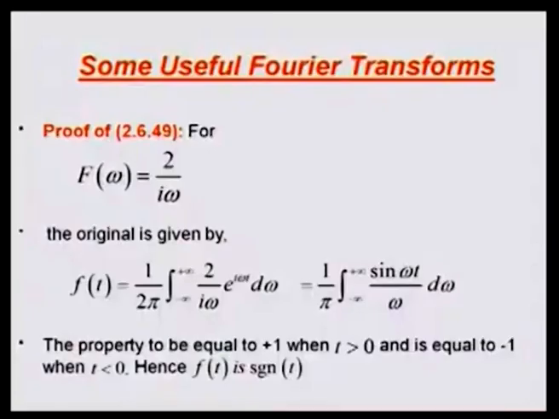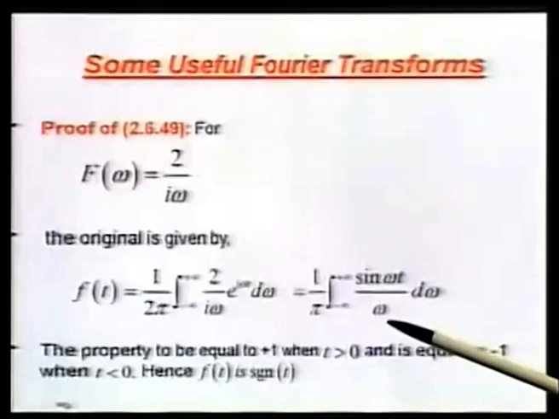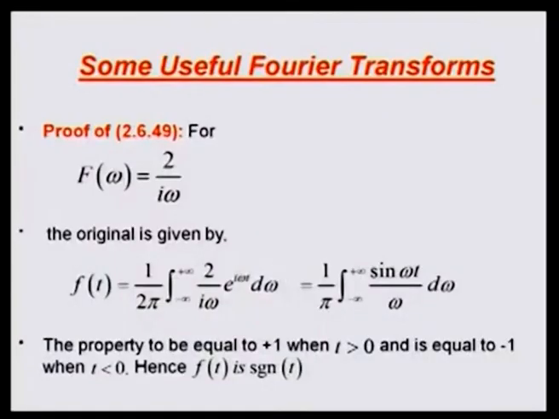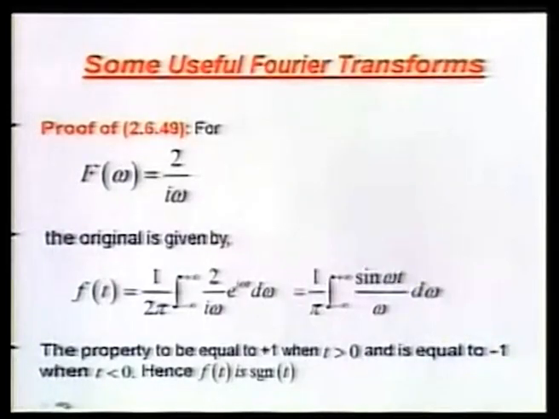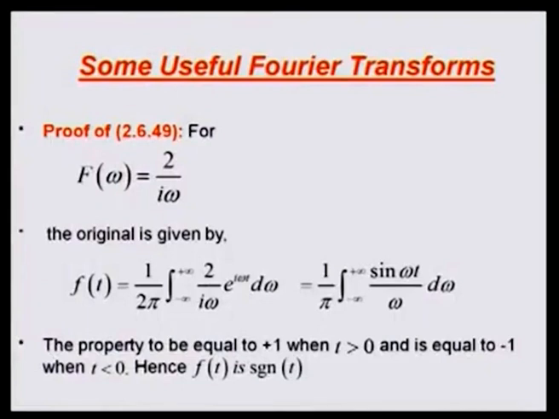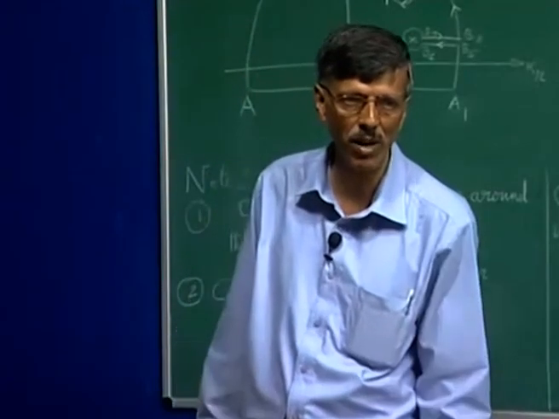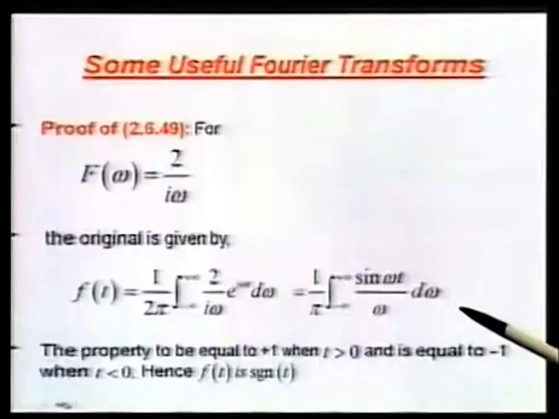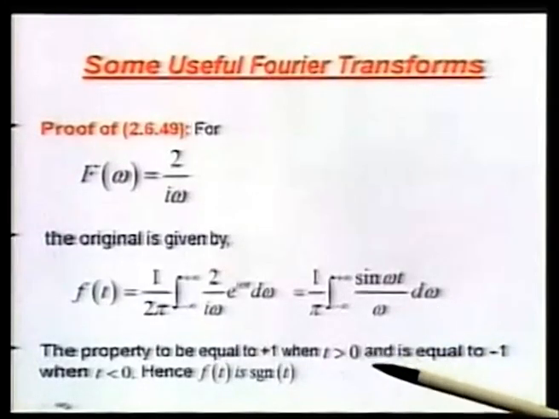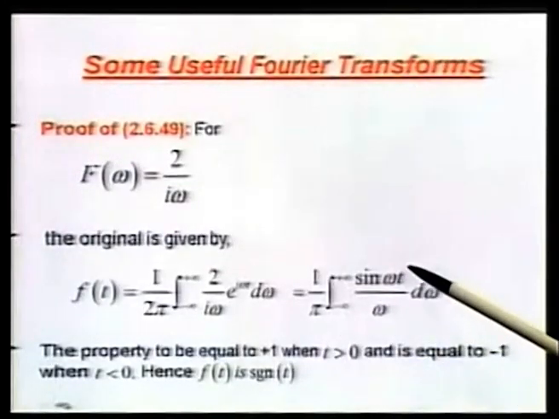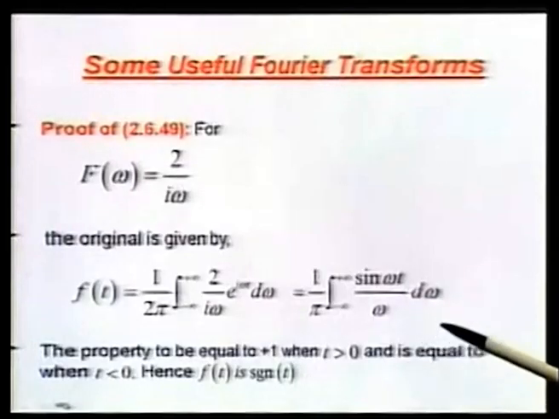This is like your integral of sin alpha x by x dx over the entire range. What happens is that if alpha is positive, then this integral becomes plus 1. If alpha is negative, the integral becomes minus 1. Okay. So, in this context, what will happen? Here the integral is over omega.